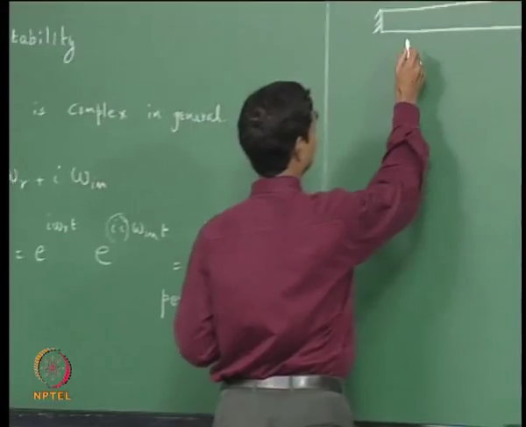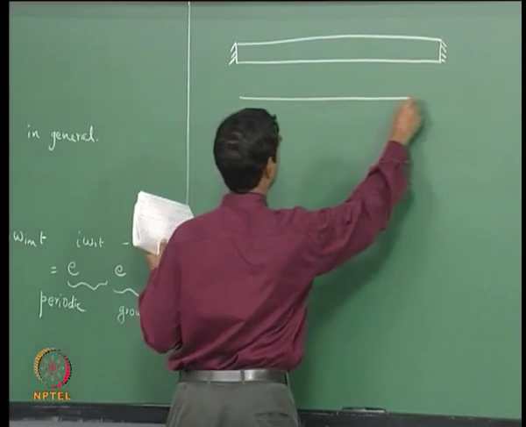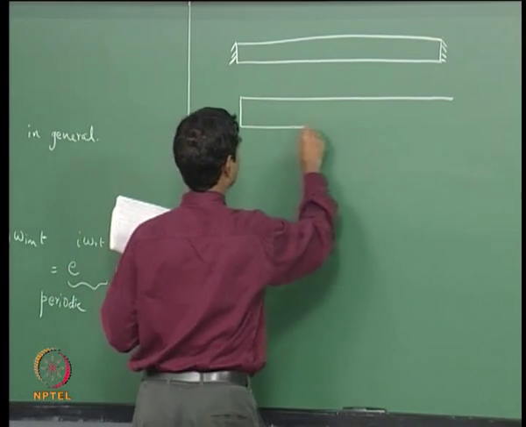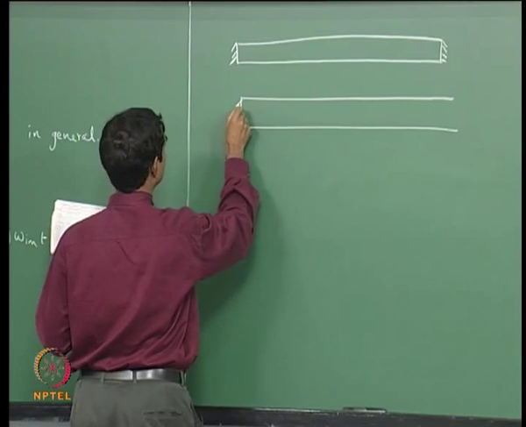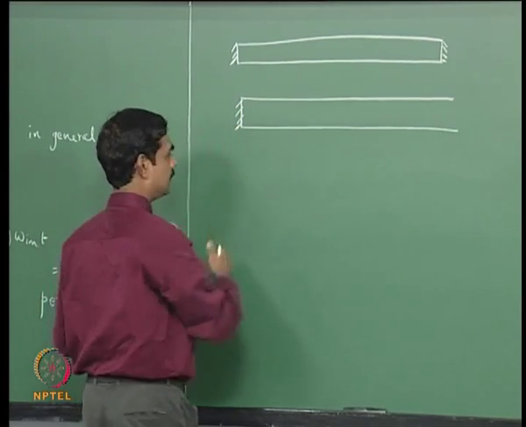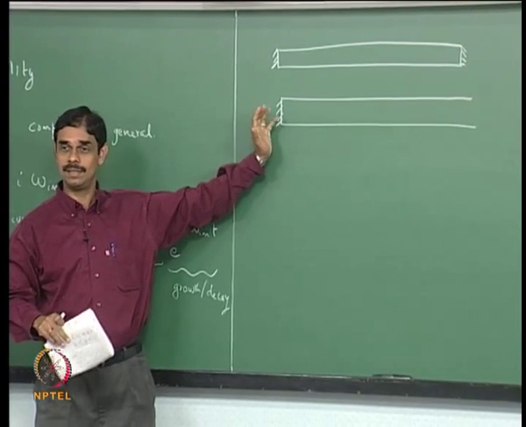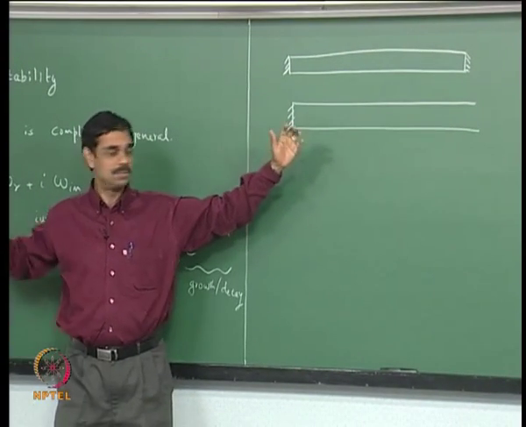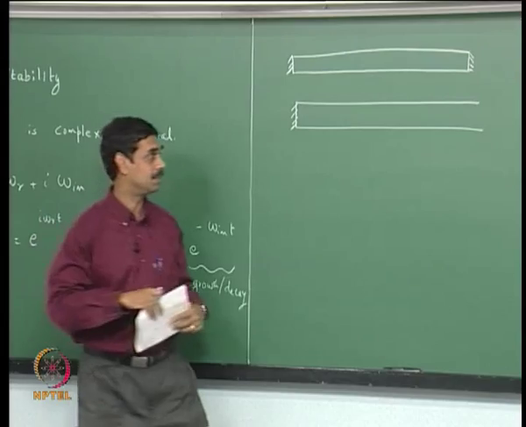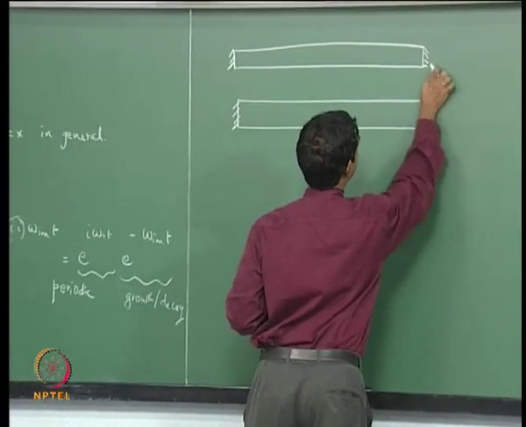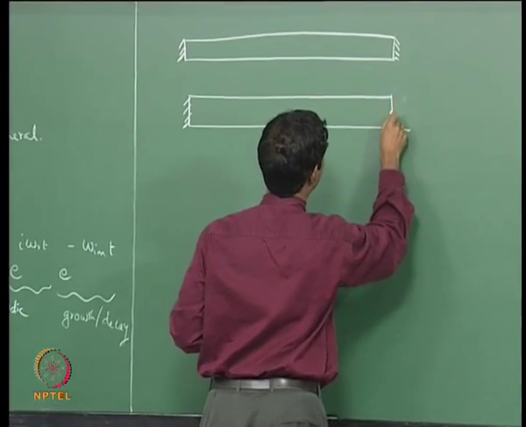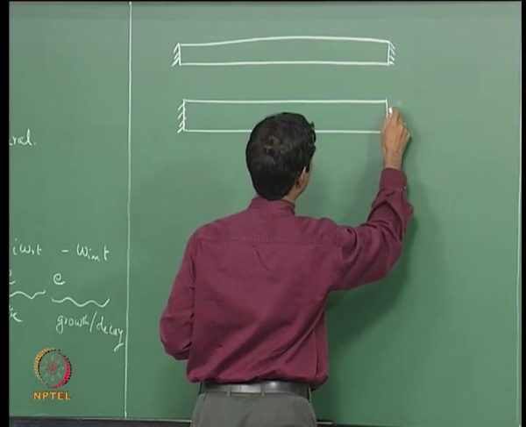So this is a problem, and I have a companion problem in which I have a perfectly closed end here. Somehow magically I have a perfect end, a perfectly rigid huge block cemented here or something, and I have this pipe of the same length, but let us say I put a small hole or something.